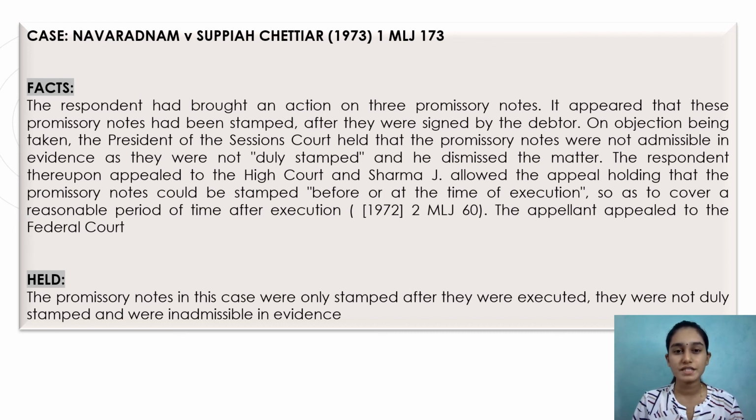On objection being taken, the President of the Sessions Court held that the promissory notes were not admissible in evidence as they were not properly stamped according to section 52, and he dismissed the matter. After that, the respondent appealed to the High Court and Sharma J allowed the appeal, holding that the promissory notes could be stamped before or at the time of execution so as to cover a reasonable period of time after execution. The appellant appealed to the Federal Court.